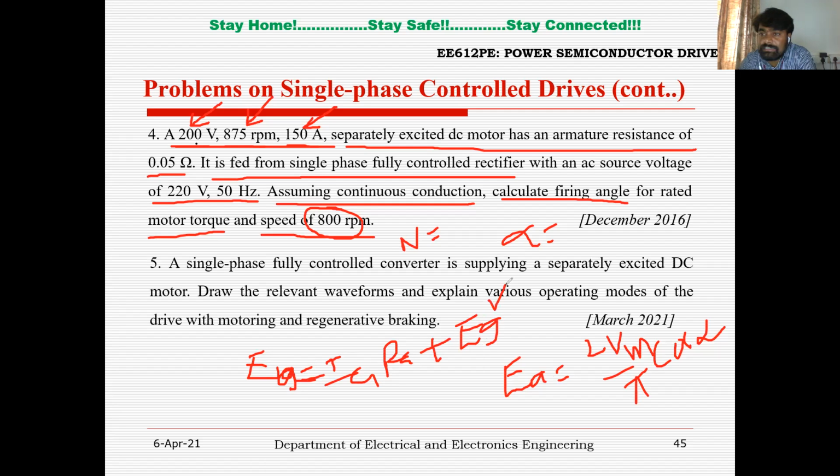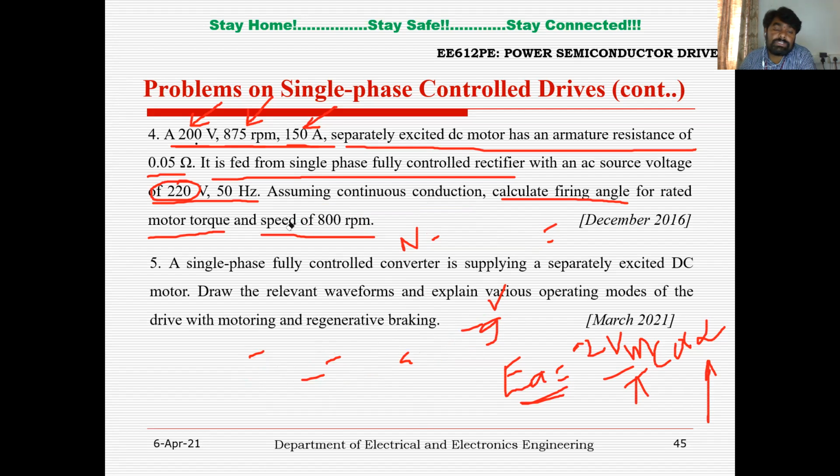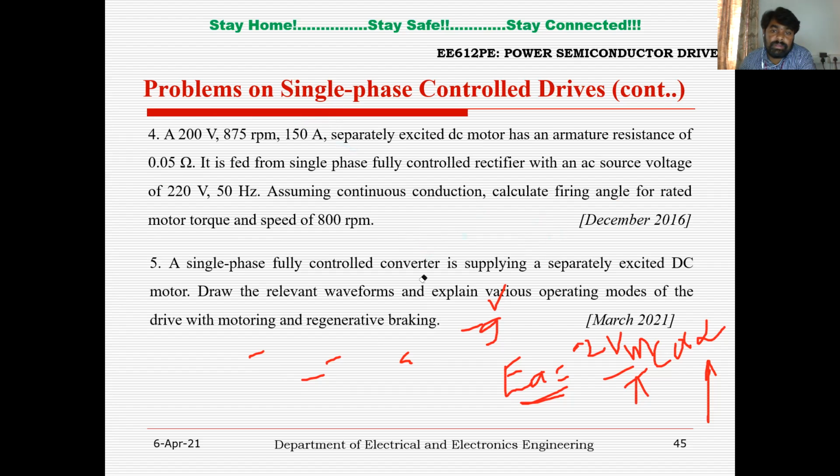Try to calculate Eg; Ra we know, the current we know, and from this extract the value of Ea. If you know the value of Ea, you just substitute here, because Vm is √2 times the supply voltage. √2 times this 220 will give the Vm value. Then you can easily calculate the firing angle alpha, right? This question was given in December 2016.